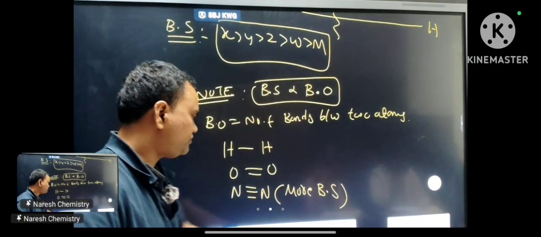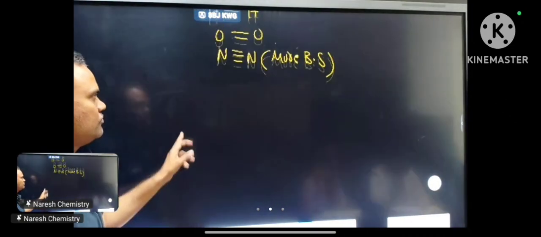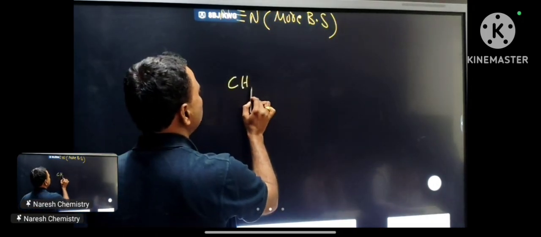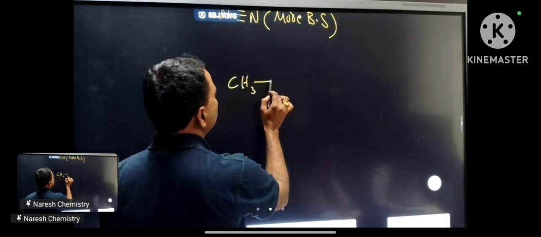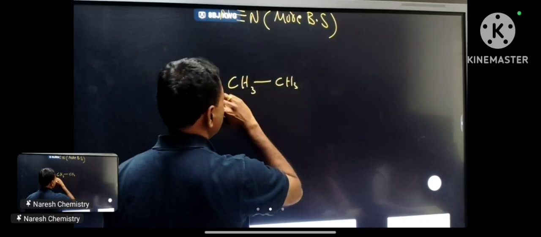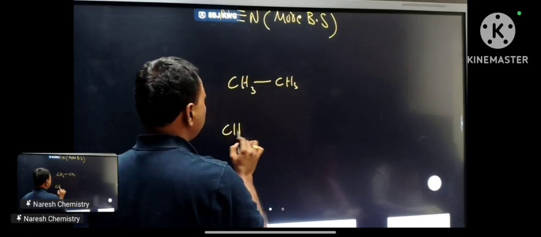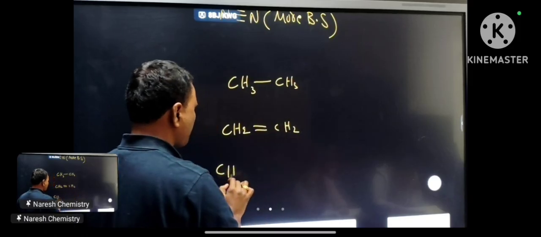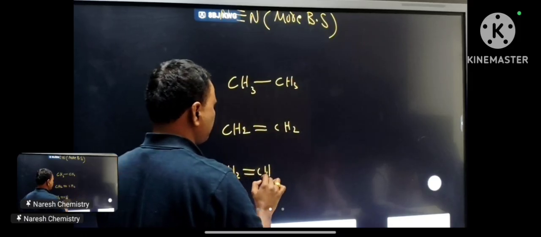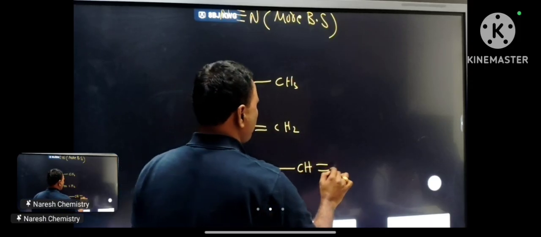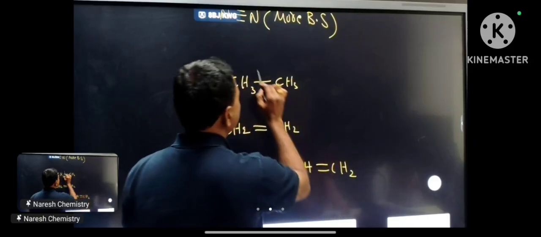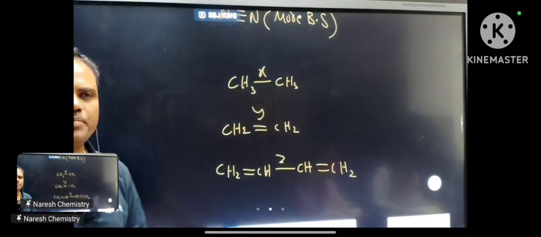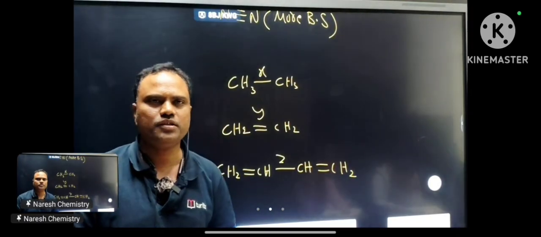See, once look at this, all of you. X, Y, Z represent bond lengths.